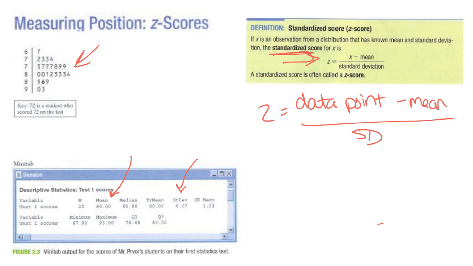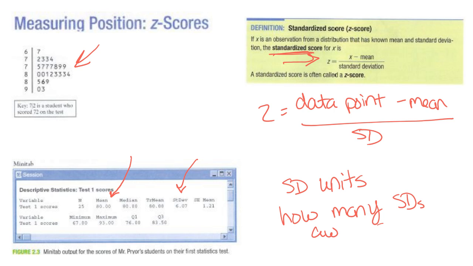By standardizing, we convert these data points into standard deviation units. Basically it will tell us how many standard deviations away from the mean the data point is. So let's say, for instance, they had a negative Z-score of 1.5.